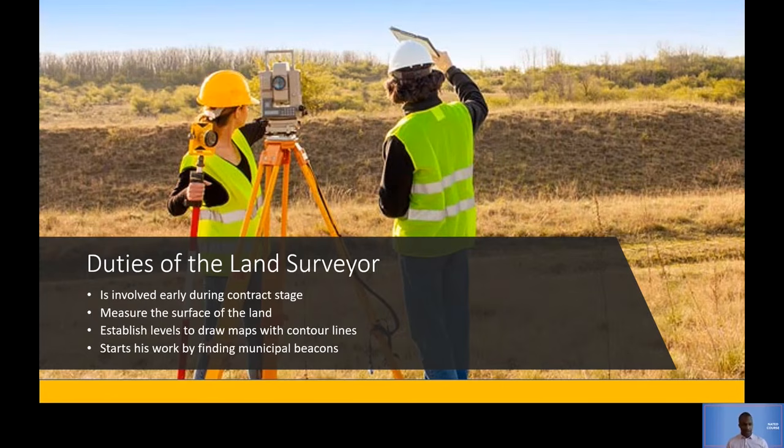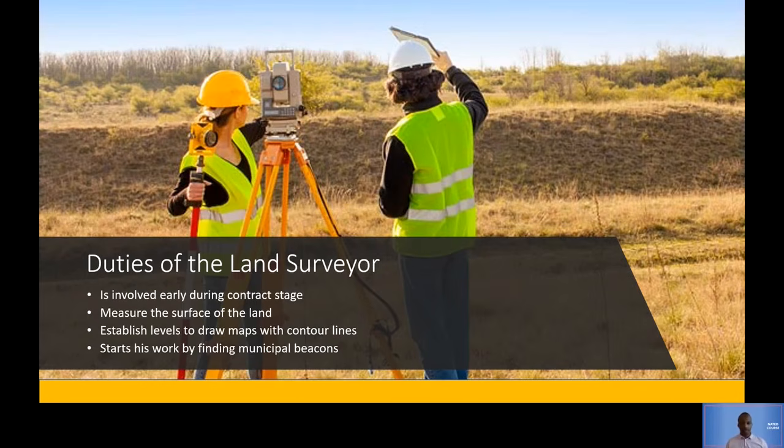He also establishes levels to draw maps with contour lines. Like I said, those are the valleys and the mountains on site, just to say how high, how low. He establishes that as a land surveyor. He also starts work with finding municipal beacons.